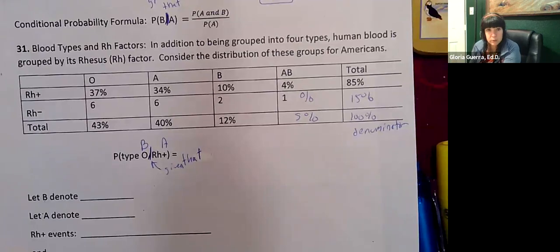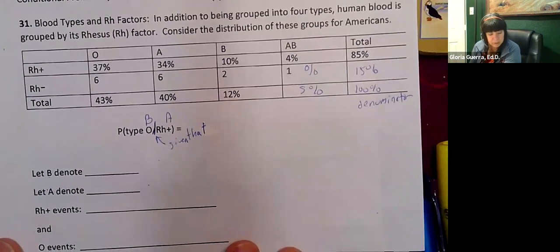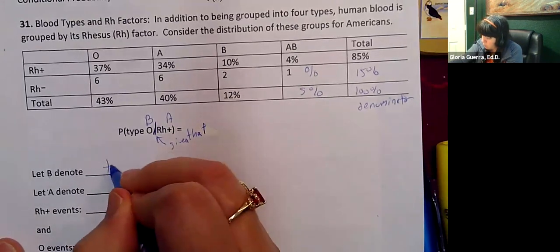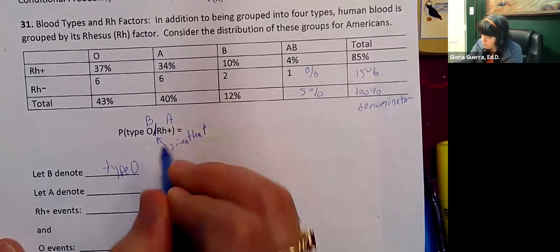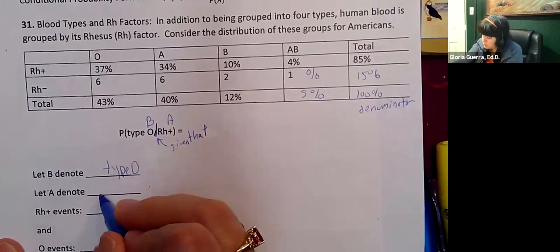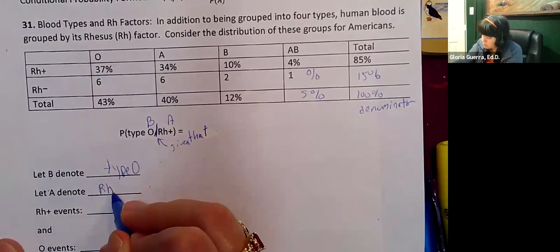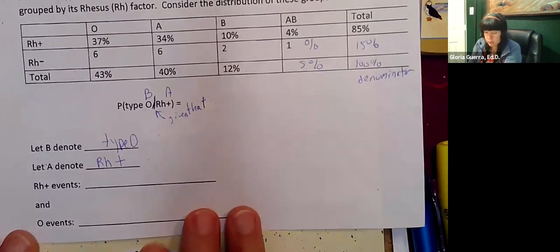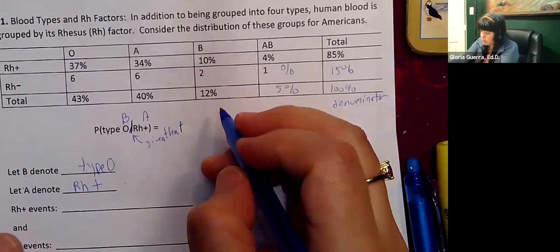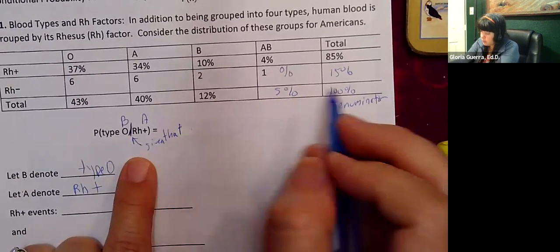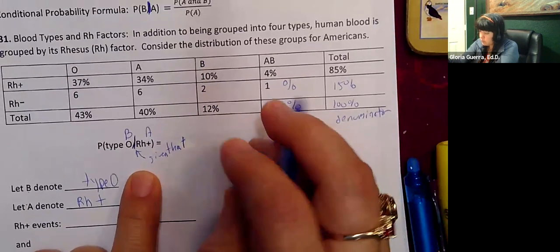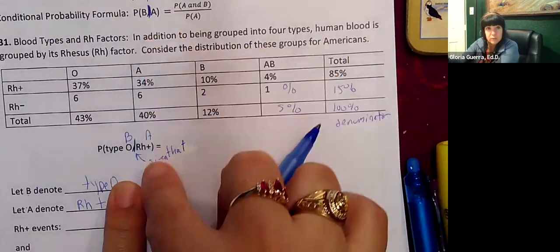Okay, so let B denote type O. Let A denote the rhesus factor, RH plus. And then when I do my vocabulary, I have my vocabulary up here. So I have probability of B given A, so I have that here.